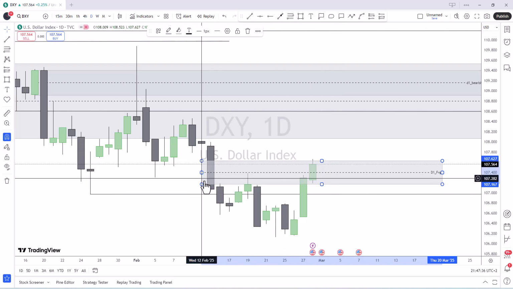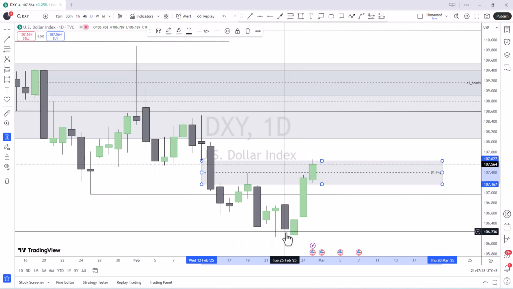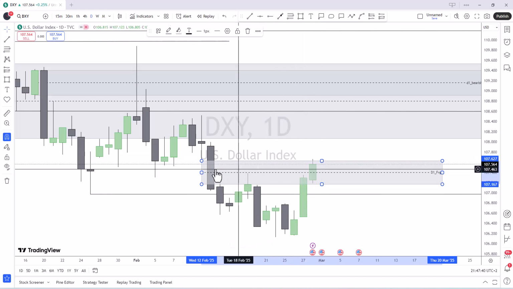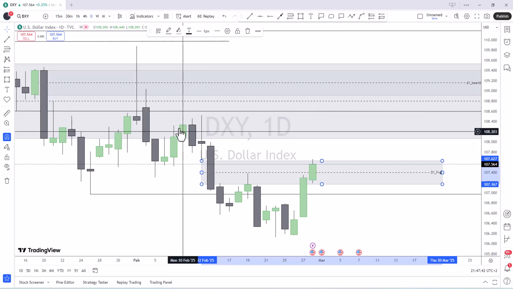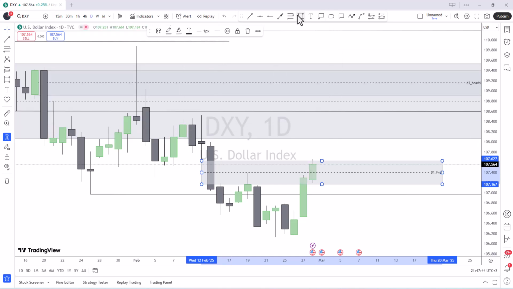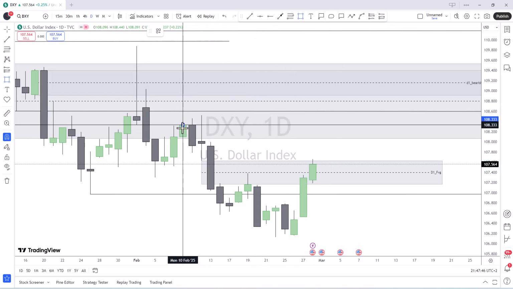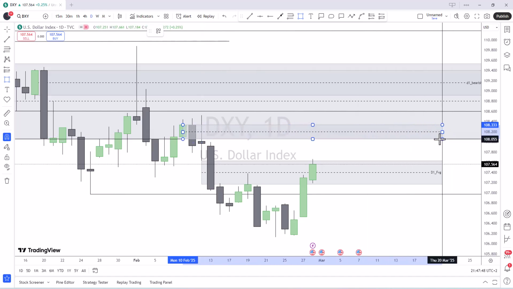So this imbalance here, price feels it. You see, we had a redistribution there into fair value, and ultimately we've got our bearish order block there on the daily chart. See, that's a bearish order block. So it becomes easy, guys.